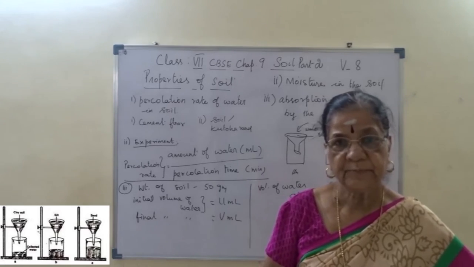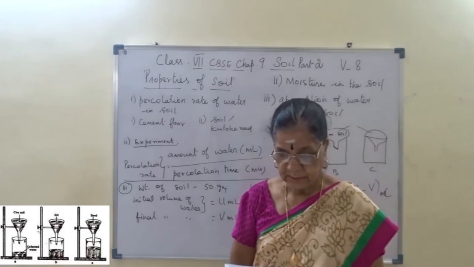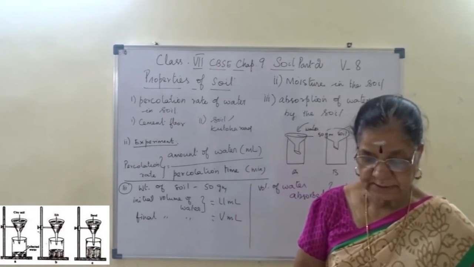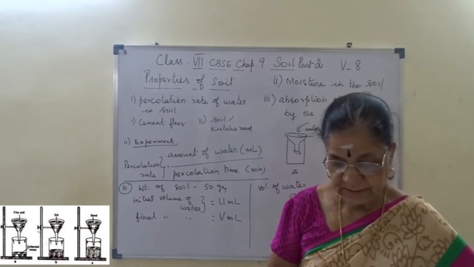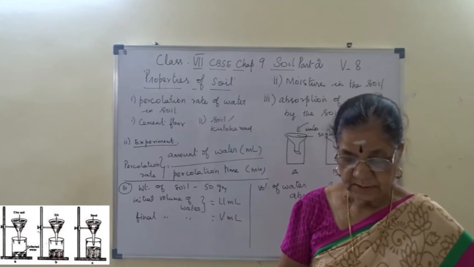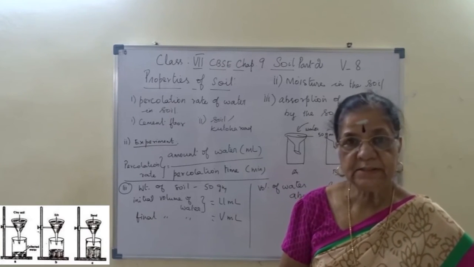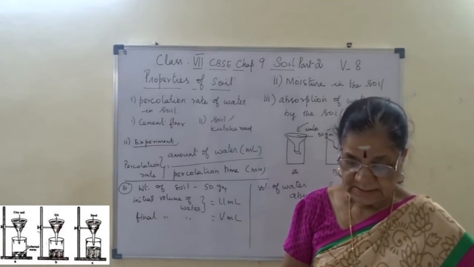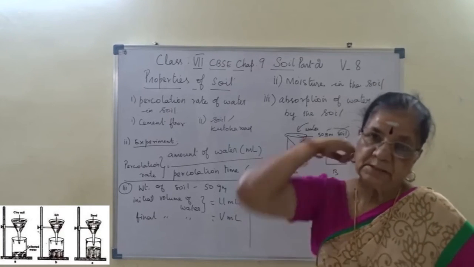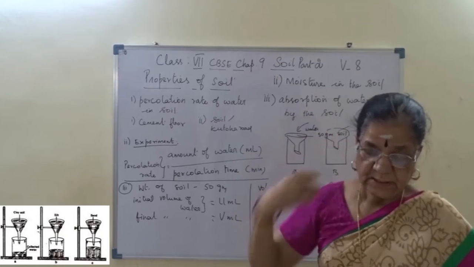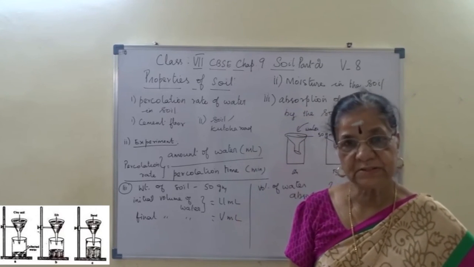Right answer. Then which type of soil retains the highest amount of water? Which retains least? Clayey soil will retain highest amount and sandy soil lowest amount. Answer, clayey soil highest, sandy soil lowest.